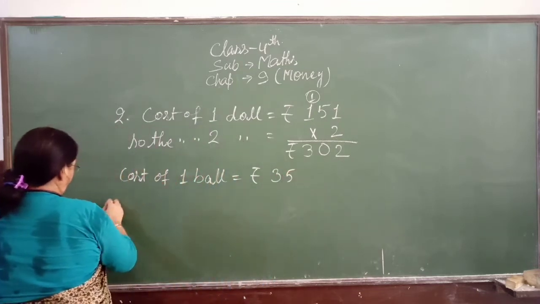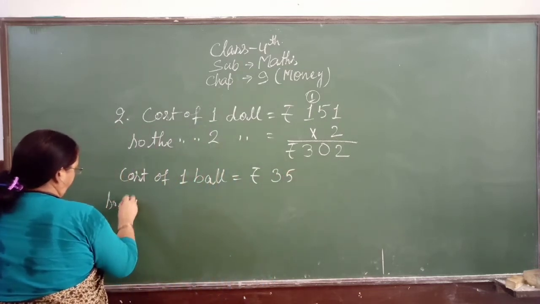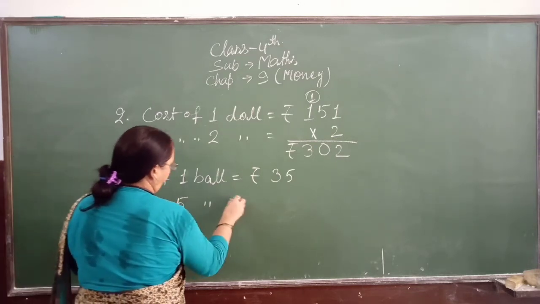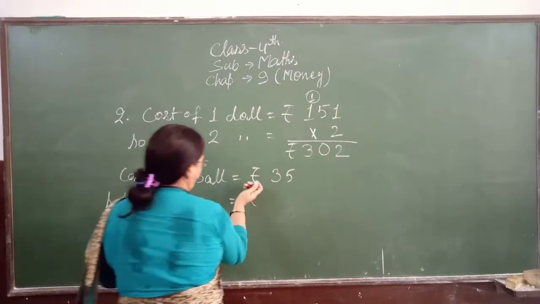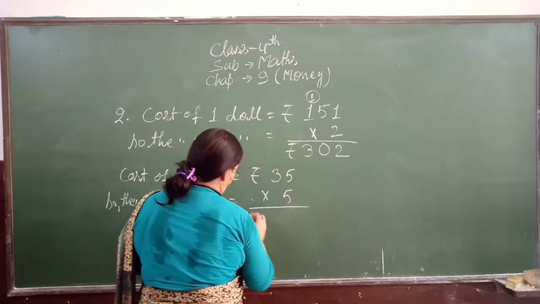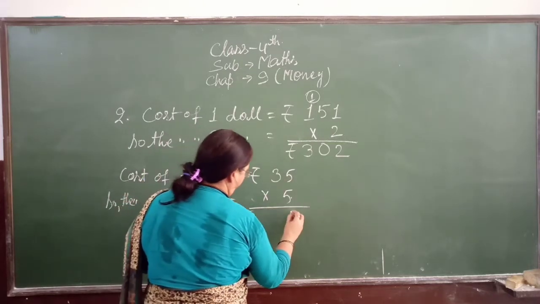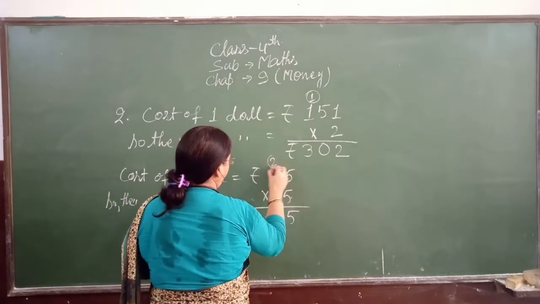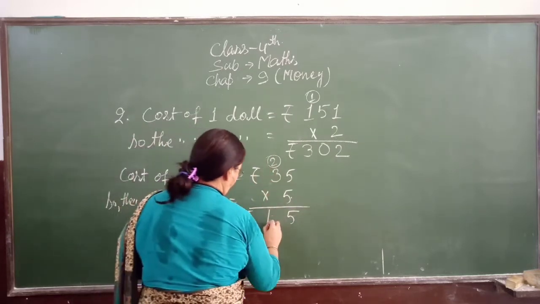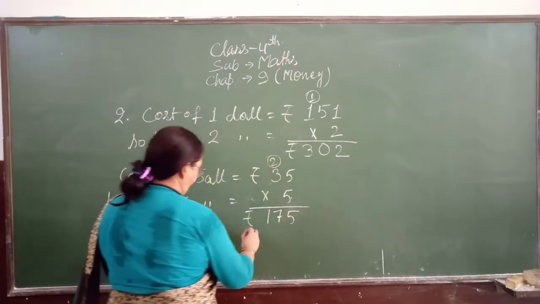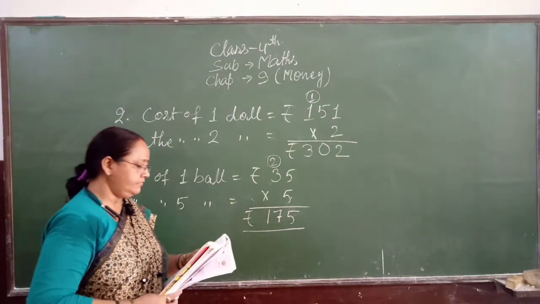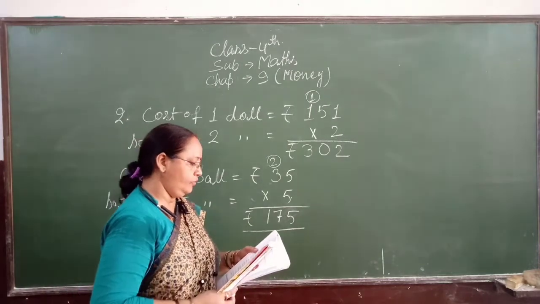So the cost of 5 balls is equal to rupees 35 multiplied with the 5, 5 5 the 25, 2 5 3 the 15 plus 2, 17, 175. And next we have to find how much money he needs to pay.